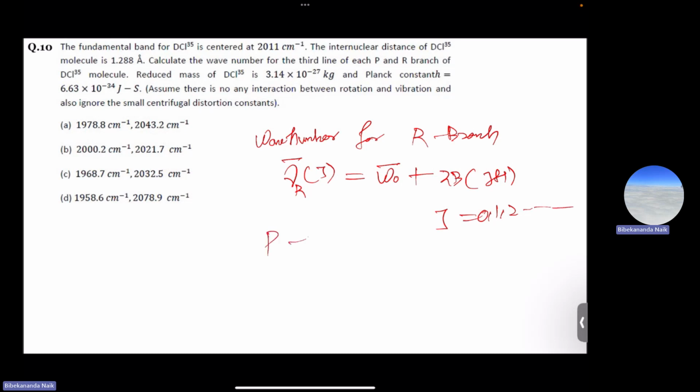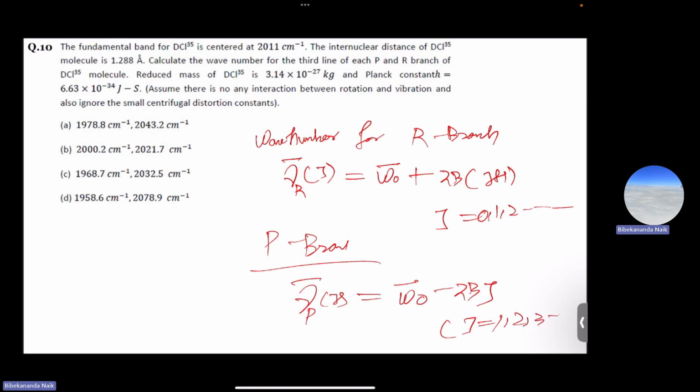For the P branch, the wave number is omega 0 bar minus 2Bj, where j starts from 1, 2, 3 and so on. If you put j equal to 1, it will be omega 0 minus 2B. So in the center there is omega 0, omega 0 plus 2B corresponds to the R branch on the right, and omega 0 minus 2B corresponds to the P branch on the left.